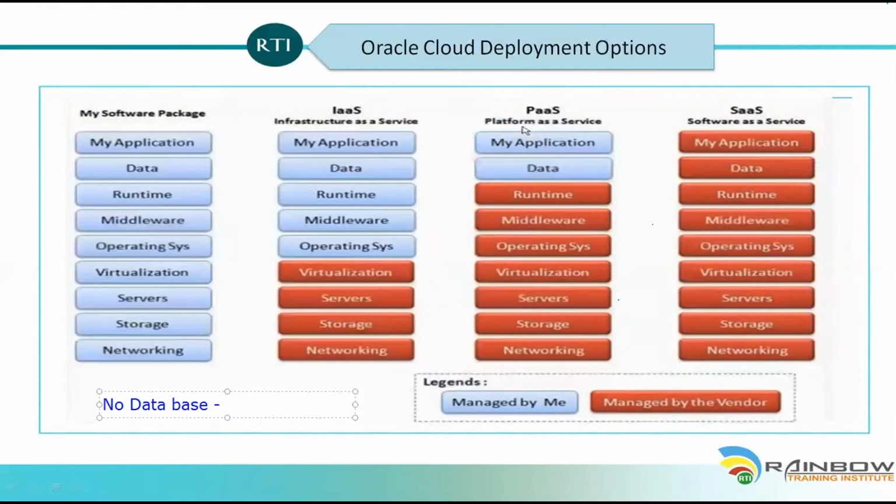Some areas have this flexibility, like supplier import time and customer import time. But if you want to change a table name or add a new table, there is no chance in the Fusion SaaS model.